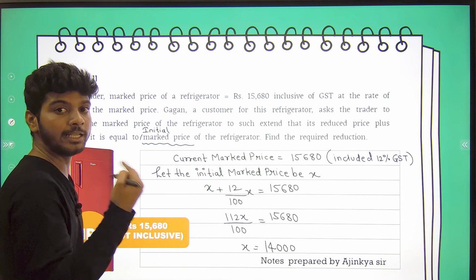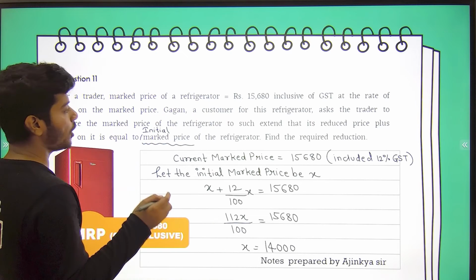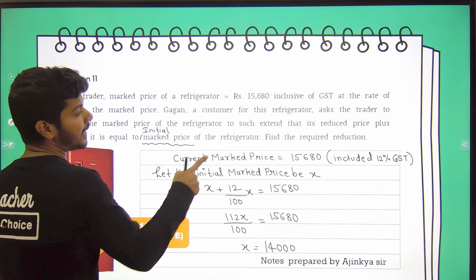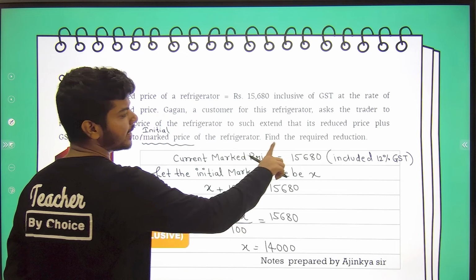Now read the condition carefully, what they want us to find. Let's assume the reduction. Find the required reduction.